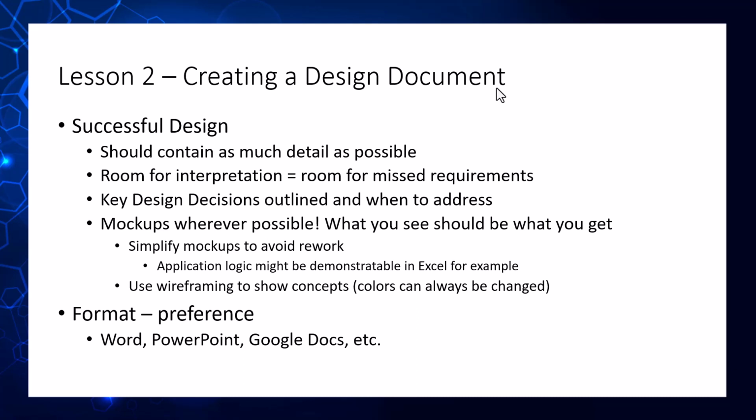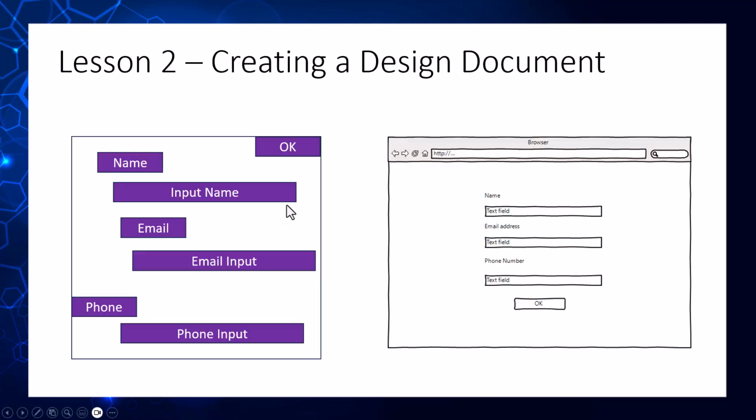You also want to make sure that the design phase is outlining key design decisions and when to address them. So, if we had a design, and I jump back to my previous slide, and your developer or UI designer told you, hey, look, I can create either what's on the left here or what's on the right here. What is it that you want?